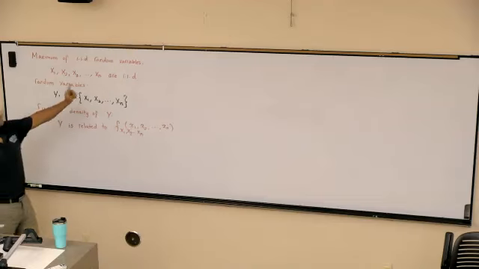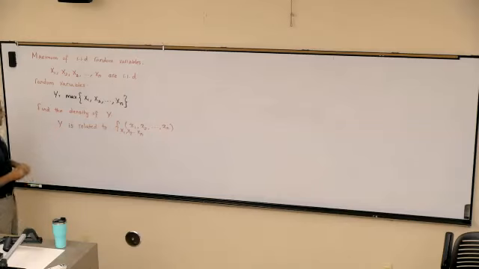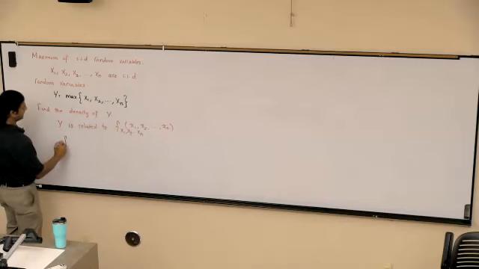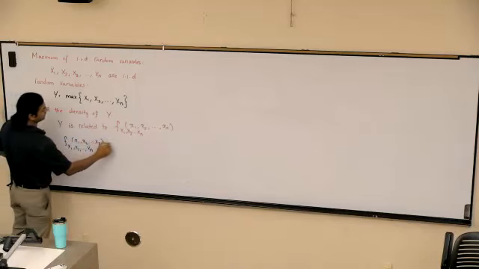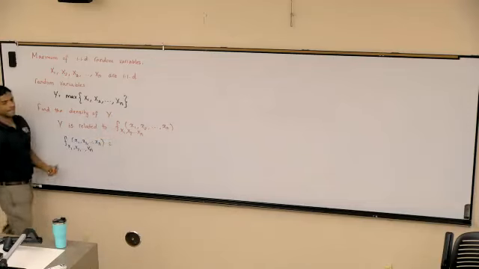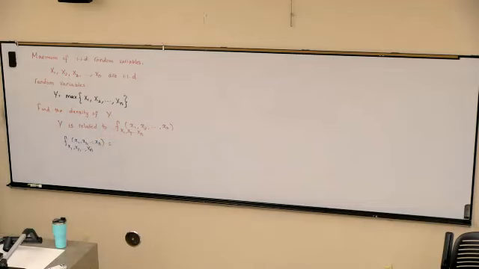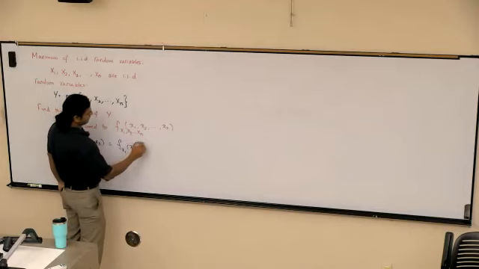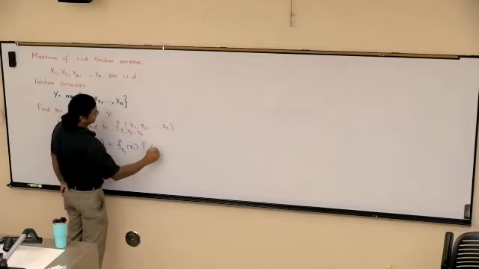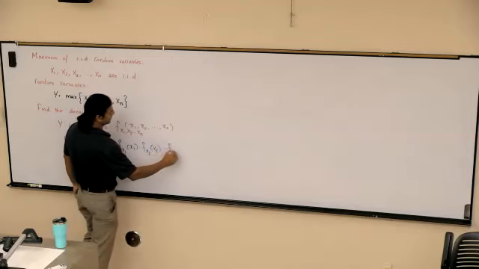But having a joint distribution by itself will be painful. But since I said that they are i.i.d, I can rewrite the joint density of x1, x2, up to xn as the product of the individual densities.